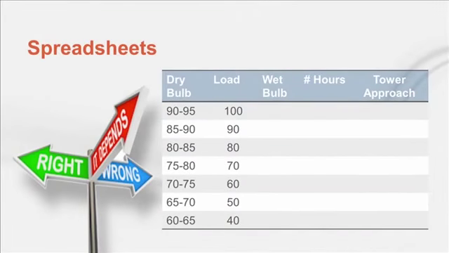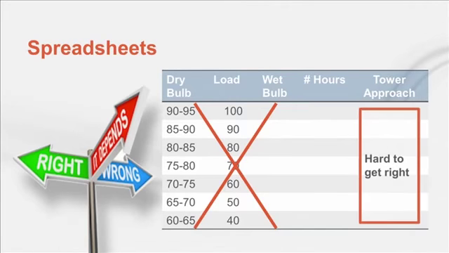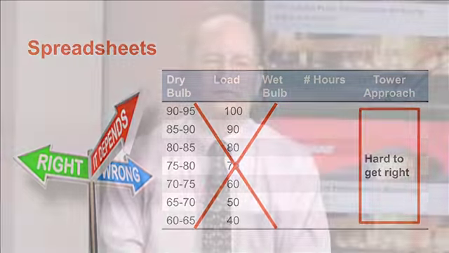Unfortunately, most of the spreadsheets I've seen use bins that combine loads and outdoor air wet bulbs. So they don't account for the number of chillers or the fact that a chiller might be at 60% load on a high wet bulb day or on a dry day. In addition, proper modeling of cooling tower approach temperature, and the fact that it drops as the heat rejection decreases but increases as the wet bulb drops, makes it tough to put in a spreadsheet.